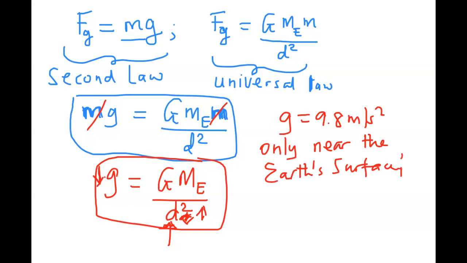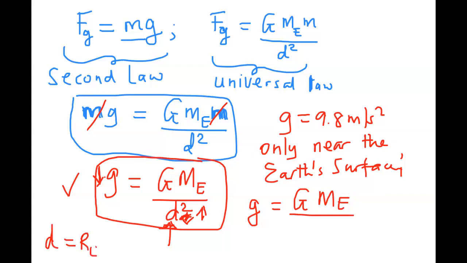We have to calculate the value of g using this equation here. And as you can see, if we know the height from the surface of the Earth, we can find our g as this: gravitational constant, mass of the Earth, over our distance. In general, the distance will be the radius of the Earth plus the height above the Earth's surface, or the altitude, then squared.